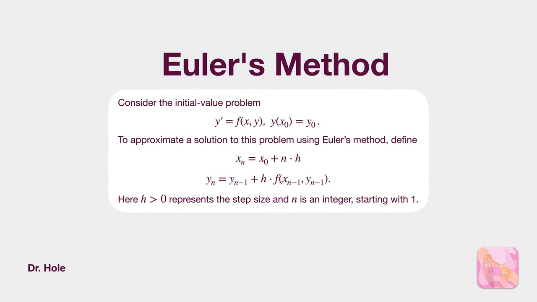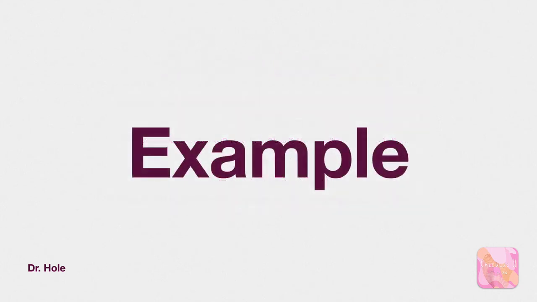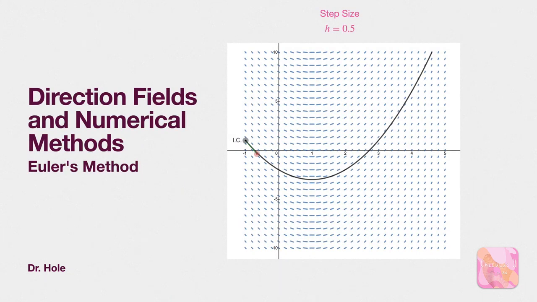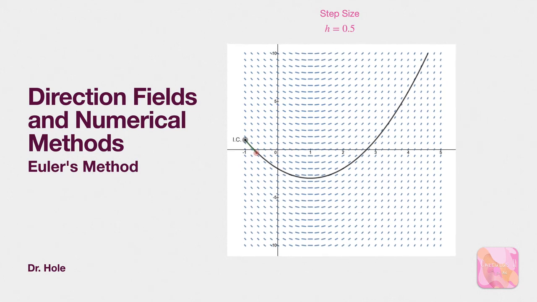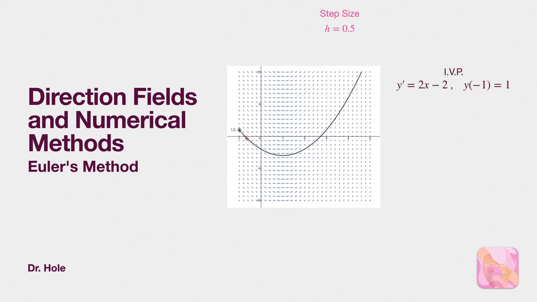Okay, let's do an example, and employ Euler's method in this direction field. This direction field corresponds with the initial value problem, differential equation y prime is 2 times input minus 2, and initial condition y of -1 being 1.